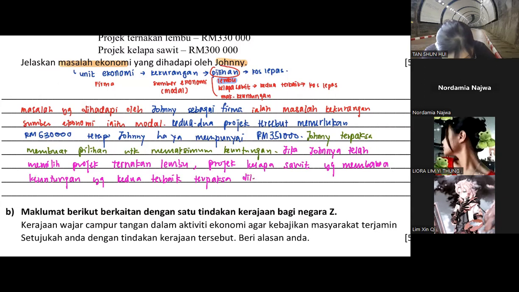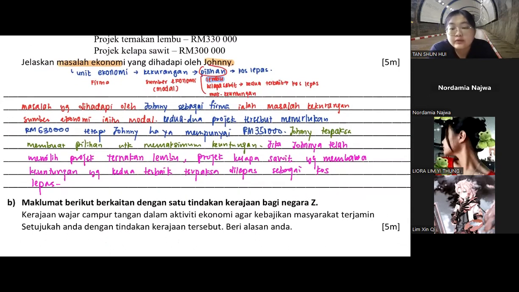Okay, being forced to let go. Sebagai cost lepas. This is how your 5 marks come from. First mention is prima, second kekurangan modal, and then terpaksa membuat pilihan. If they choose something, another one will be cost lepas. Okay, let me know if you're done and we will move on, yeah.